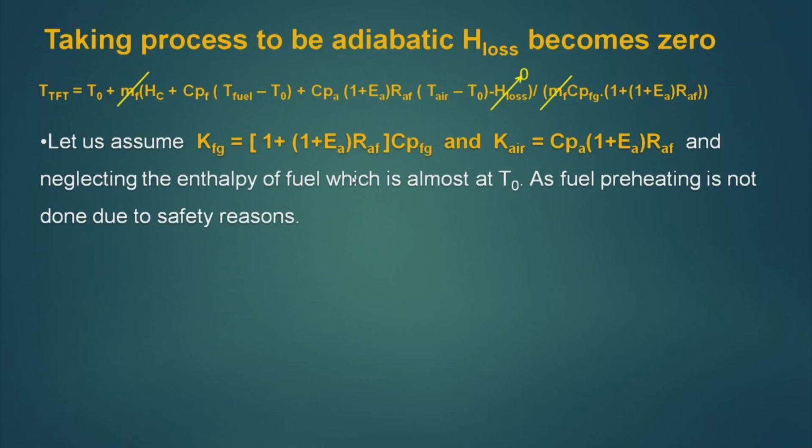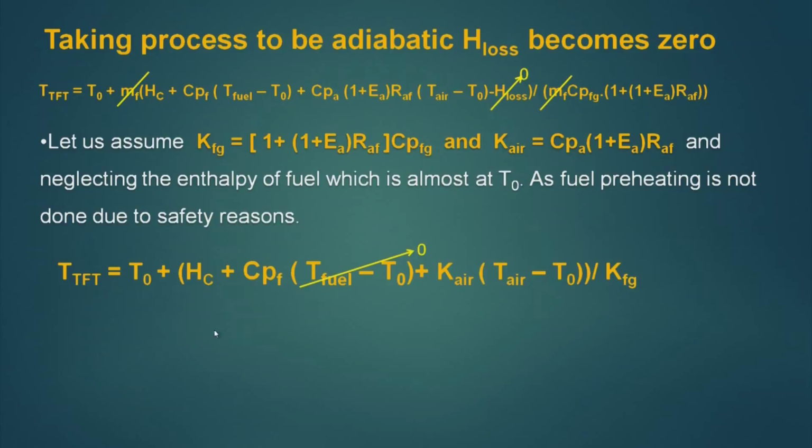This whole term is represented by KFG and this whole term is now represented by K air here, and if I substitute this, I get a relationship like this: TFT equals T0 plus HC plus CPF (T fuel minus T0) plus K air (T air minus T0), divided by KFG.